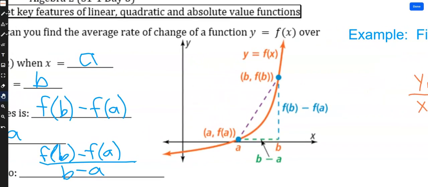So every function, it doesn't matter whether it's a line or an exponential function, or quadratic or absolute value. You guys haven't even talked about exponentials yet, but I know you've seen quadratics. I know you've seen absolute values and linears. But no matter what kind it is, we can find slopes, or what we call average rates of change.